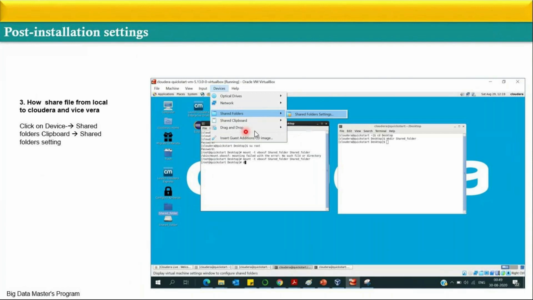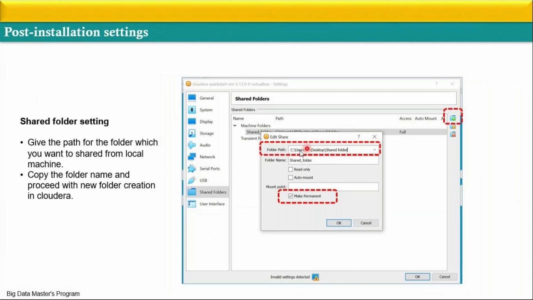And if you want to share files from local to Cloudera and vice versa, then you need to first proceed with the share folder settings. Inside this you just need to provide the path of the share folder which you want to share.